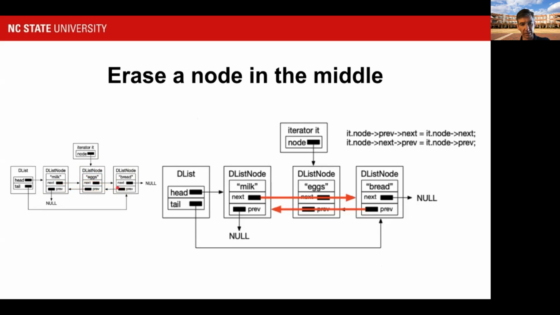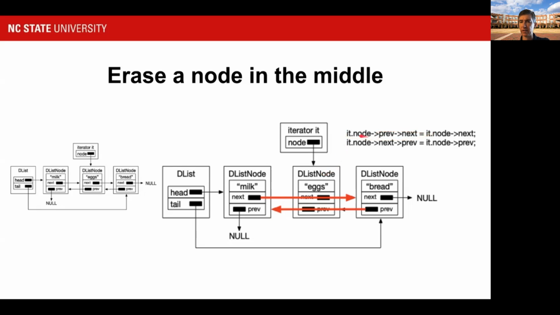So I need to connect this here and connect this here. And I'm showing that over here with these red arrows. So I make the milk node point all the way over to bread. I make the bread node point all the way back to milk. And then we can delete eggs from the list. And our next list and our previous list are now set up properly.